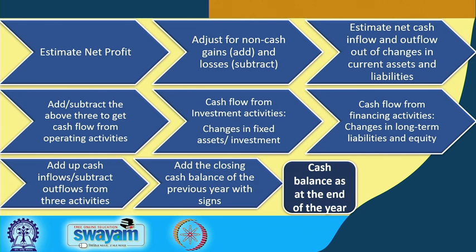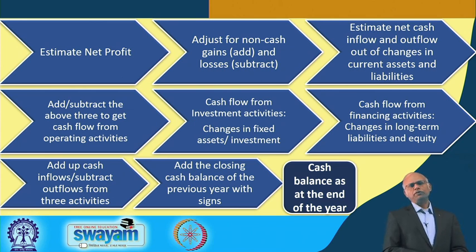If the current asset goes up, it should be deducted. If the current asset goes down, it should be added. Similarly, if current liabilities go up, there is a cash inflow, meaning it is positive. Current liabilities going down is negative. Then add and subtract all of them depending on the increase or decrease.